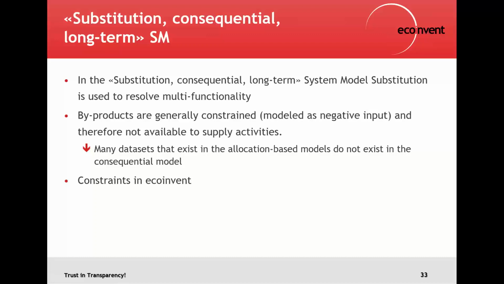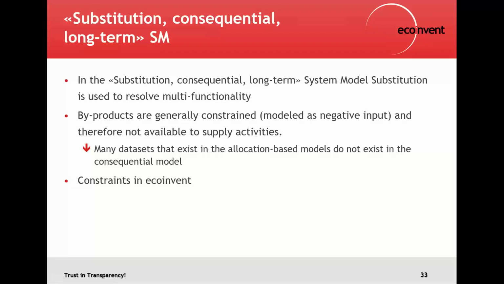And how are unconstrained suppliers determined in the consequential system model? What are the characteristics that are considered when deciding which are the marginal suppliers for a market?